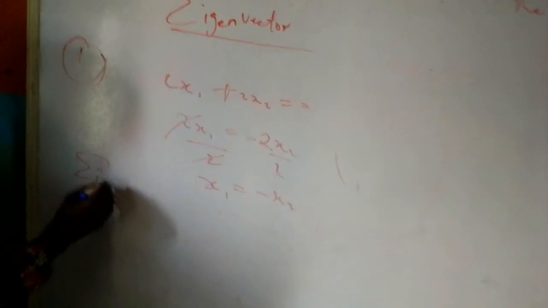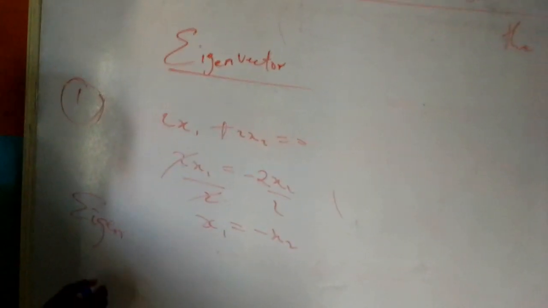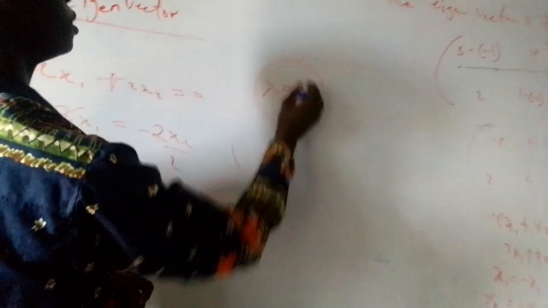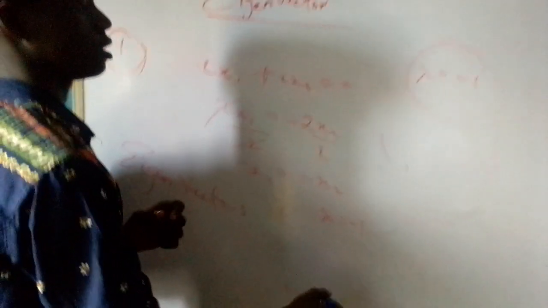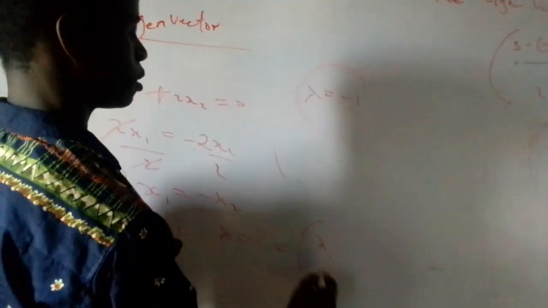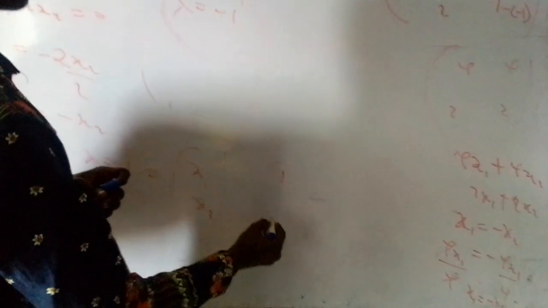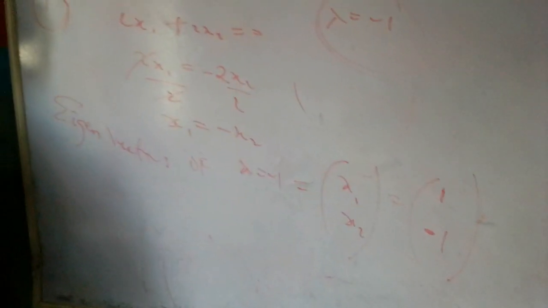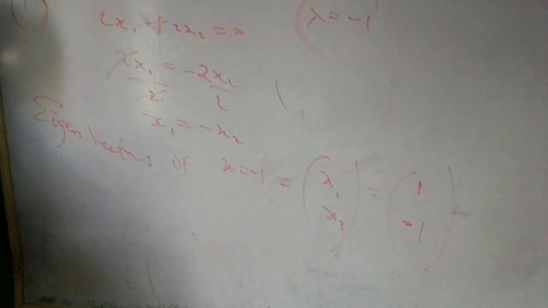The eigenvalue lambda equals -1 has generated the eigenvectors. The eigenvector for lambda equals -1 will be x1, x2, which equals 1 and -1.